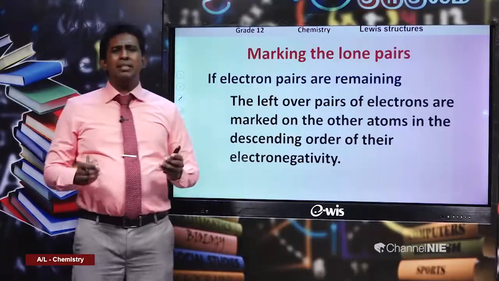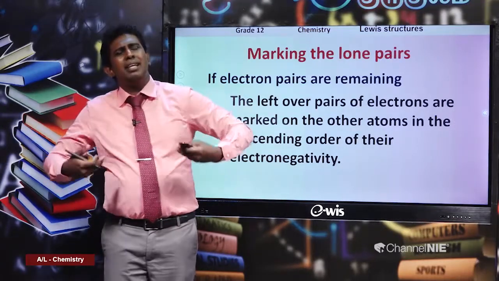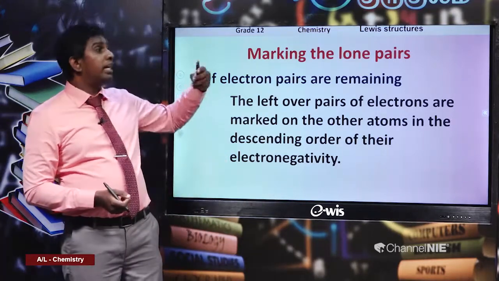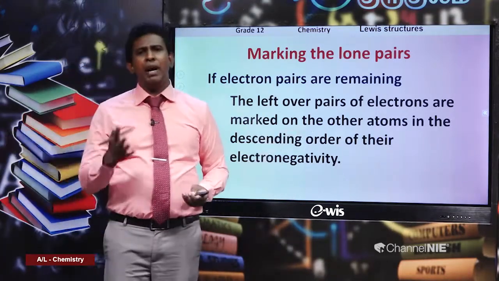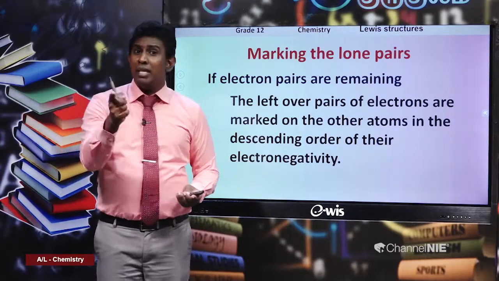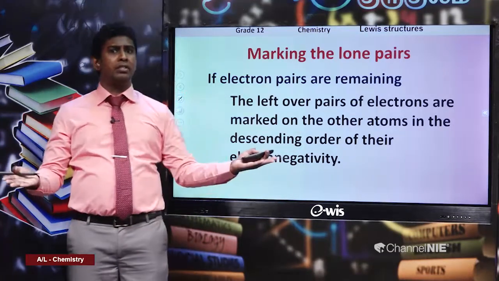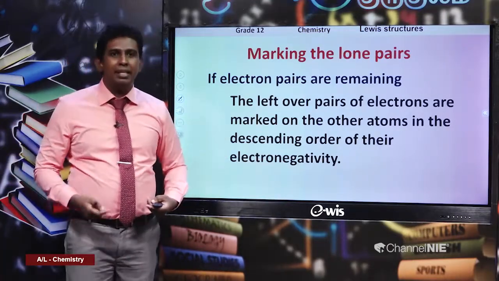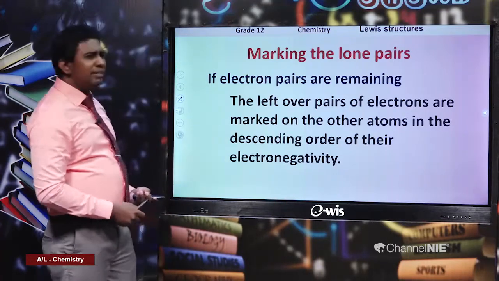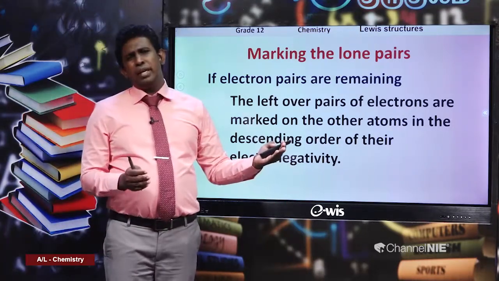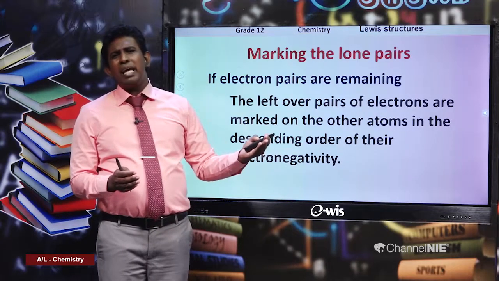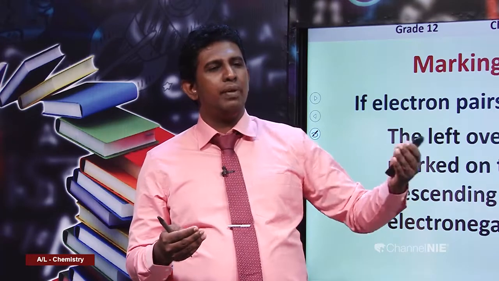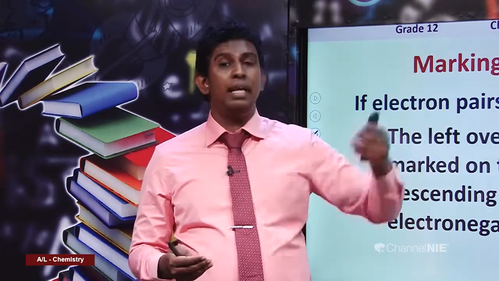Okay, then students, some atoms come with a certain number of electrons in their valence shells. As we have already found out, if it's nitrogen, you find 5 electrons in its valence shell. If it's sulfur, it's 6 electrons. If it's chlorine or fluorine, you find 7 electrons. Now you would have the idea: the atom came with this number of electrons, and now it has this number of electrons.